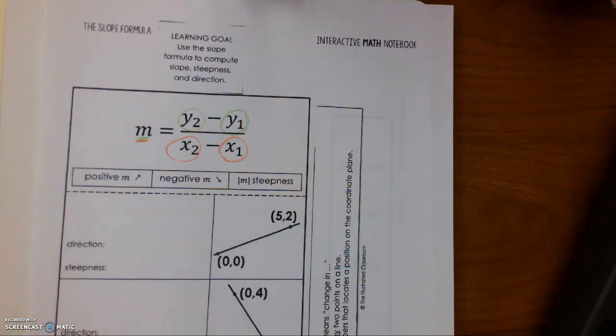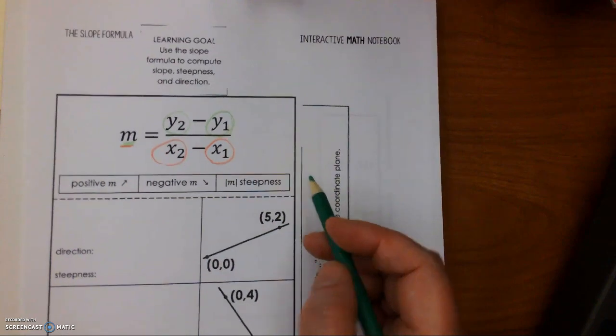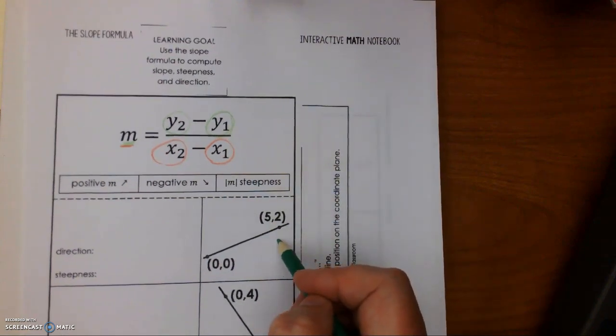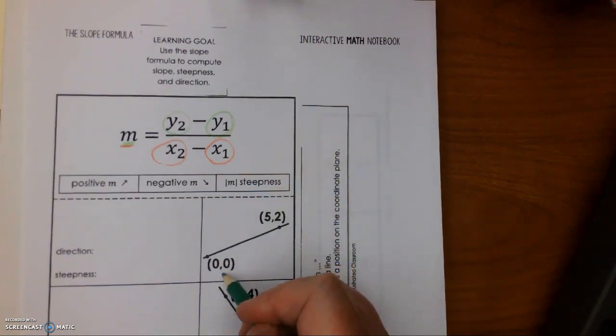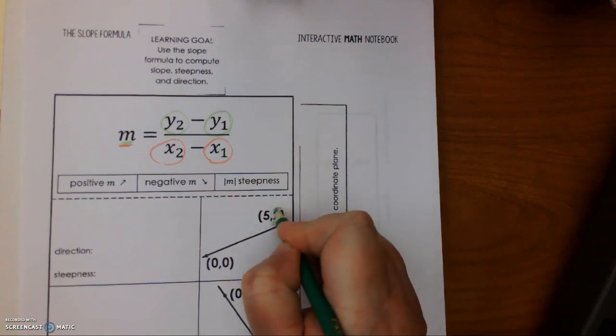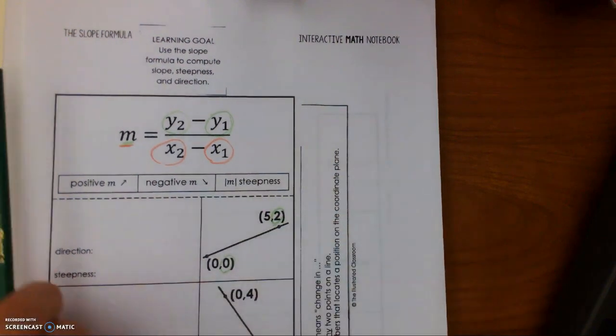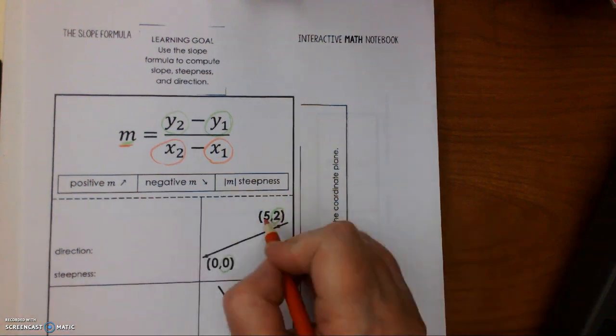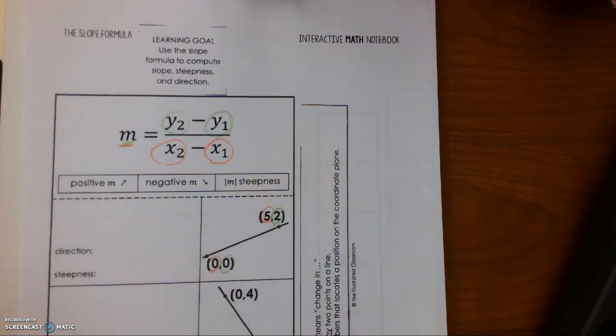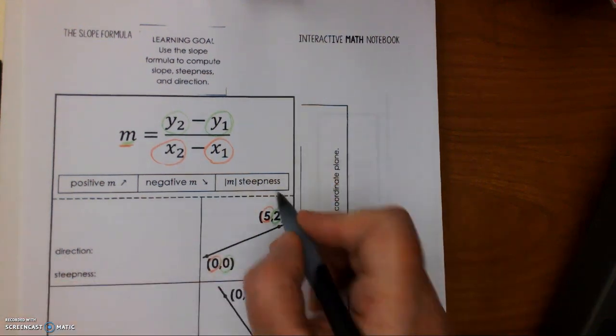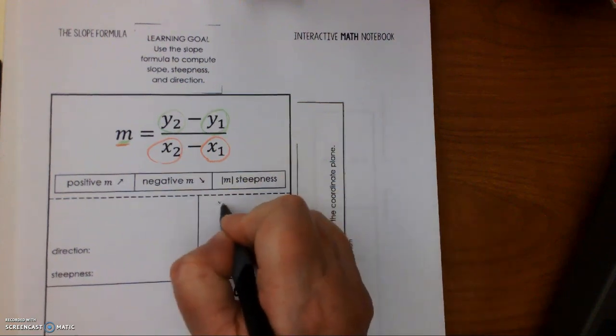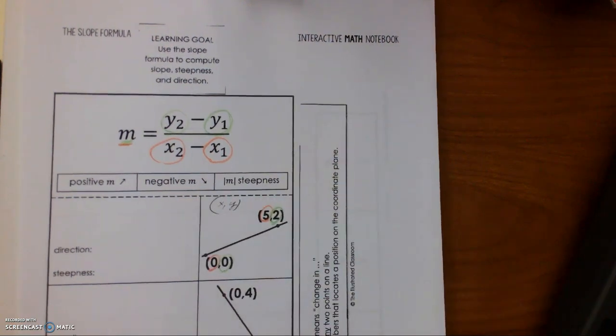Okay, so first we have our two points here, 5, 2, 0, 0. So we know that the y's are the second set of digits because remember, coordinates are x, y. Okay?